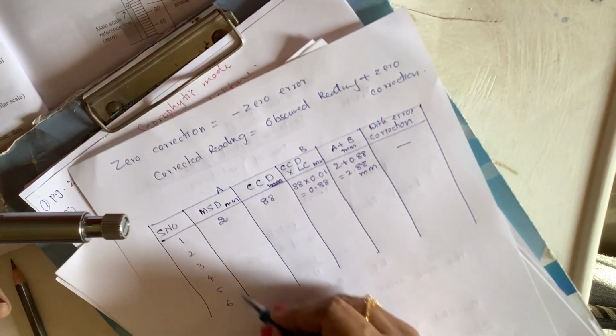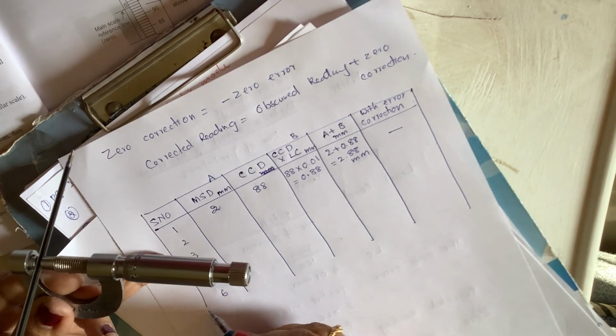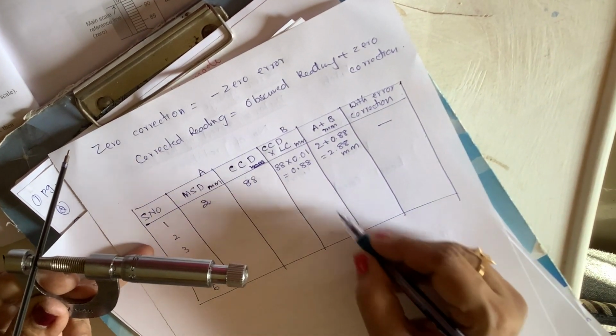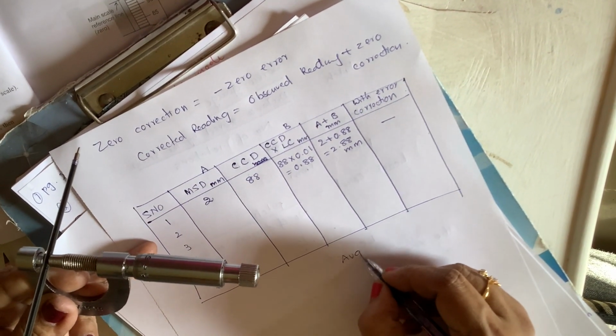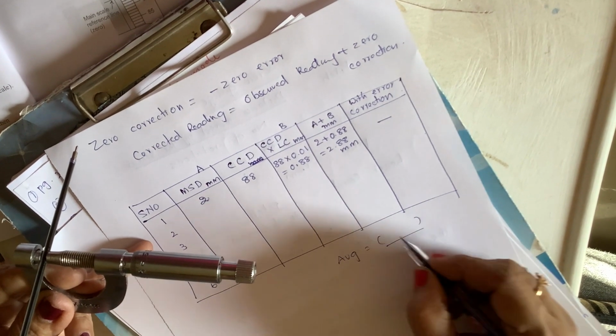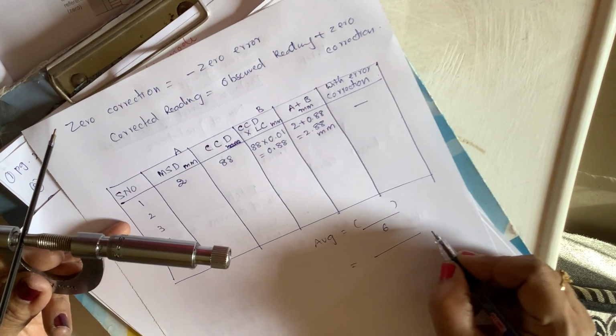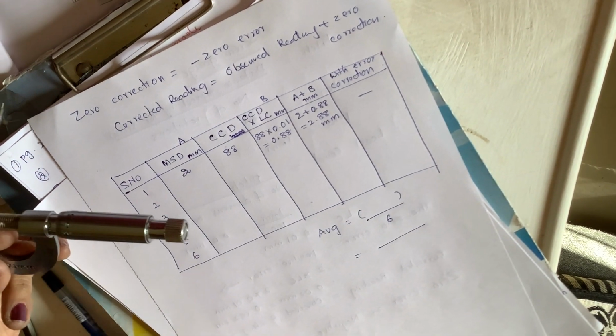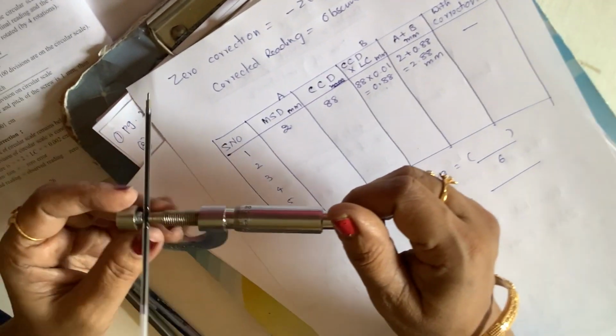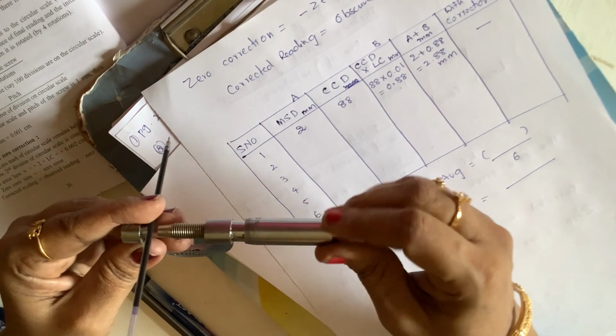So like that you proceed with 5 more readings and then close. After that take average of all these things, add all of them, divided by 6, and that will be the final reading. So when you are taking the readings, don't take everything in the same position.